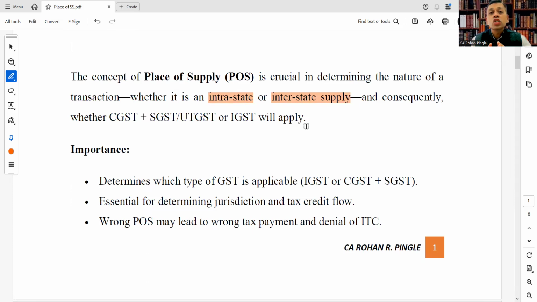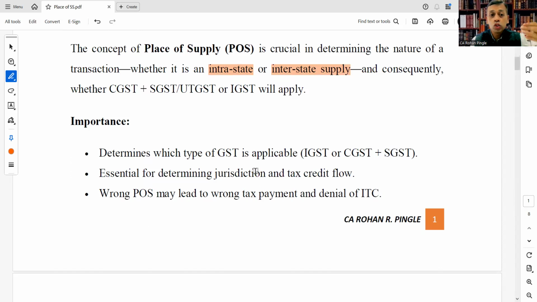Whenever transaction takes place intrastate, that is within the state, then CGST plus SGST or UTGST is levied, and when transaction takes place interstate, that is between two states, for example Maharashtra and Gujarat, then IGST will be levied. Okay, that is the crucial part of why place of supply is important.